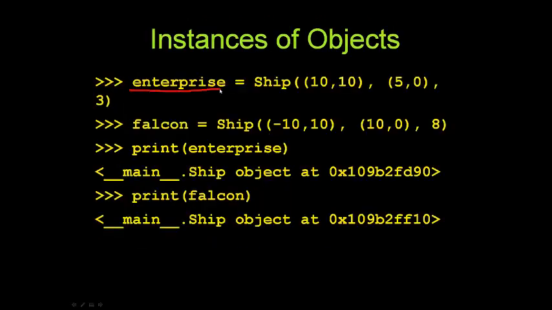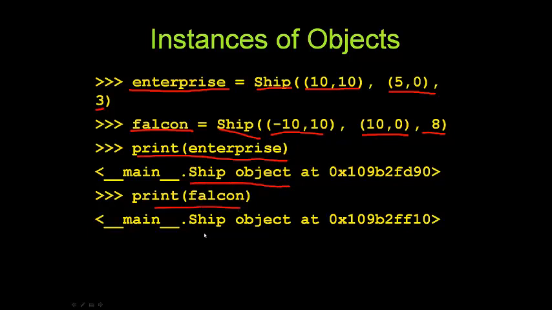So if the Enterprise is a ship and it's here and it's traveling at this velocity, has 3 torpedoes, and the Falcon is another ship over here at this velocity with 8 torpedoes, right? Then if you go and print Enterprise, you will find that it's a ship object. You print Falcon, it's a ship object. And these two are different. Okay, these are like memory addresses, and they are different addresses, so they're different objects.